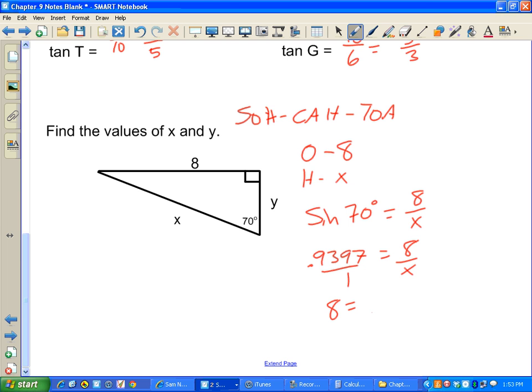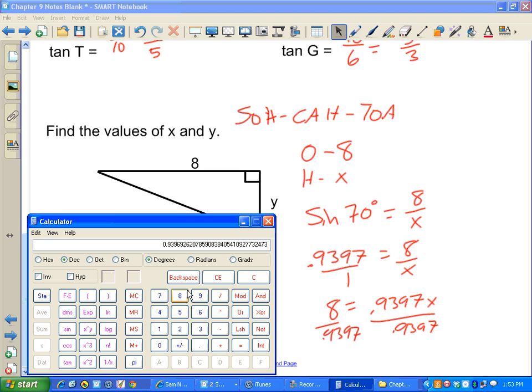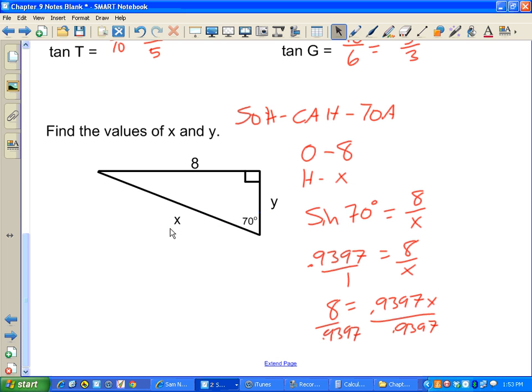So 8 equals 0.9397x. Divide by 0.9397, and I will get 8 divided by the sine of 70 equals 8.51. So that's what x is.